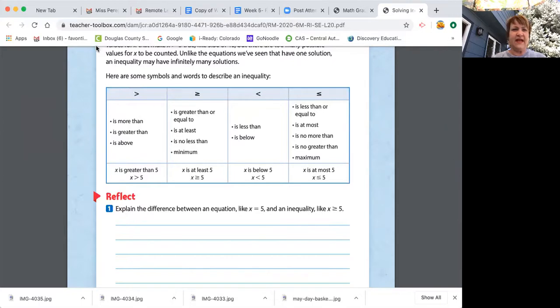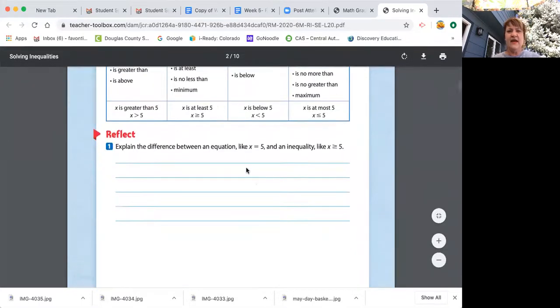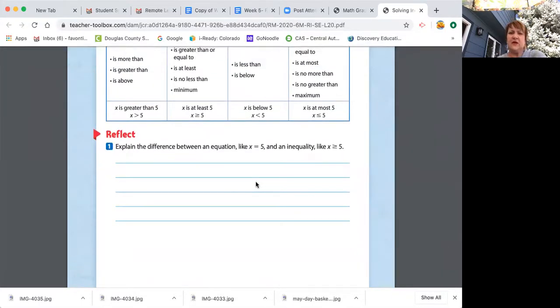Alrighty, it says down here, explain the difference between an equation like x equals 5 and an inequality like x is greater than or equal to 5. All right, the difference, and I don't want you to forget how to write a good mathematical thought.